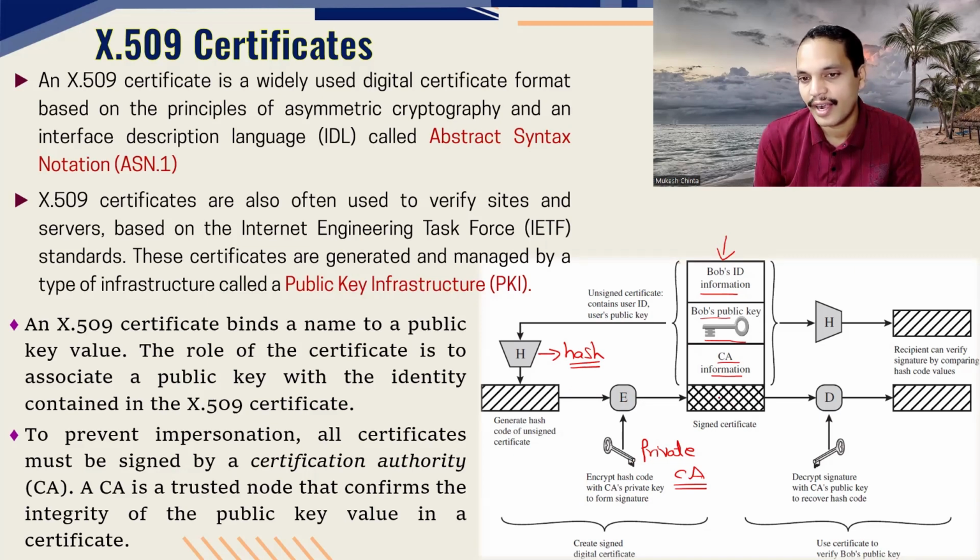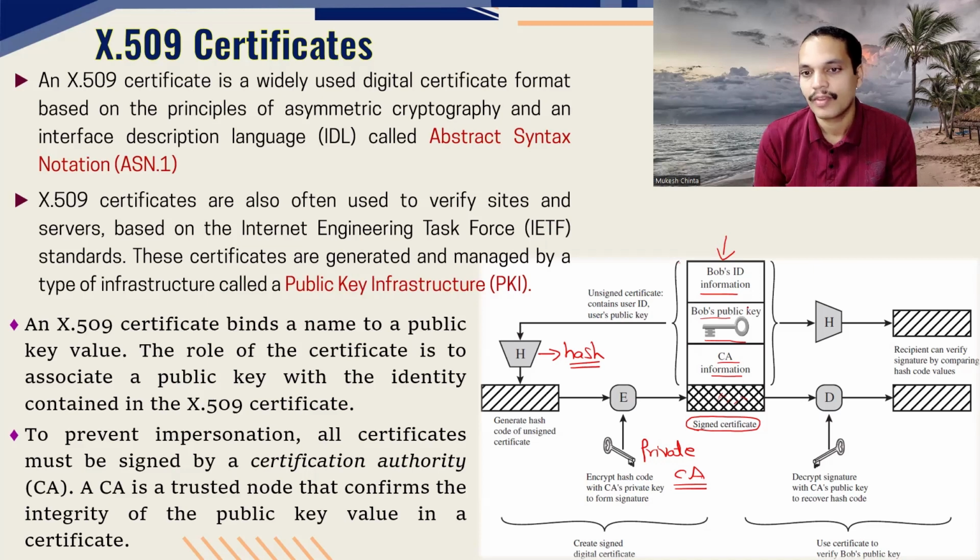The reason we are attaching this signature here is to ensure that no entity other than the certificate authority can create such certificates. Because if I issue a certificate, the other person should be confident enough to trust this certificate, isn't it?